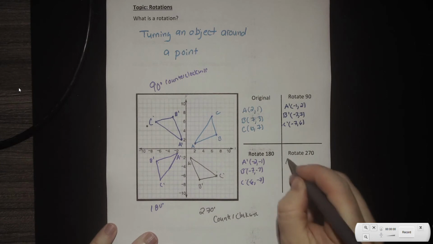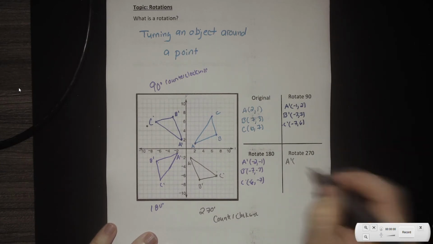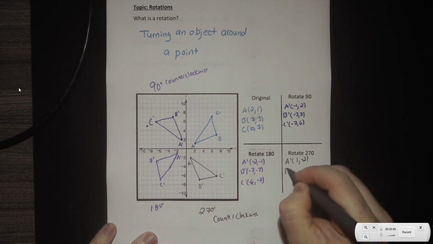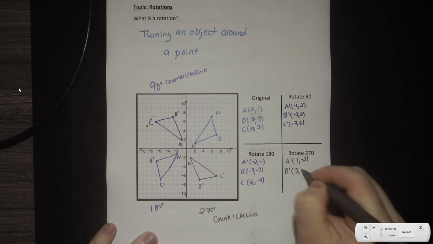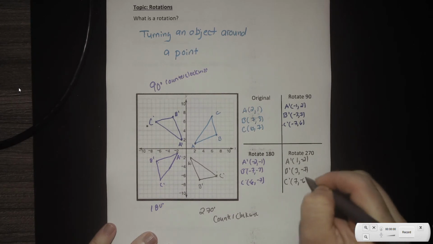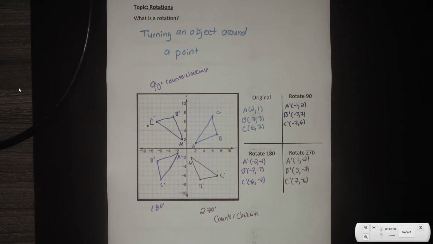So that would give me (1, -2), (3, -7), (7, -6).